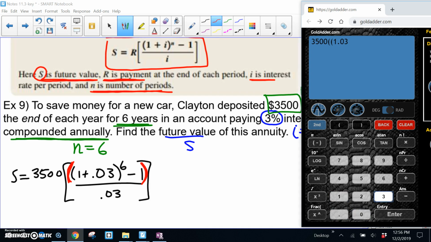You can do that in your head. To the 6th power minus 1. And I'm going to close the top, close those red ones. And then I'm going to divide by 0.03 and close the brackets. $22,639 and 43 cents.